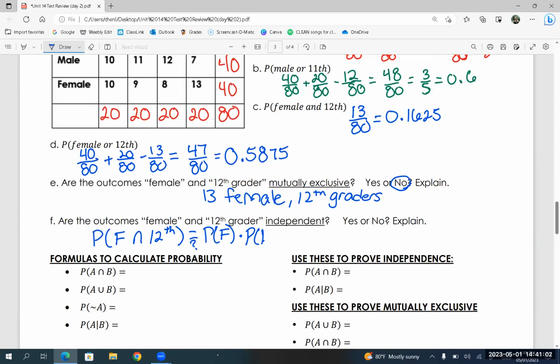I promise you, I'm not scribbling for fun. I'm just trying to erase all the bad marks. Okay, so we said female and 12th grader. We did this up here and we got 13 out of 80 or 0.1625.